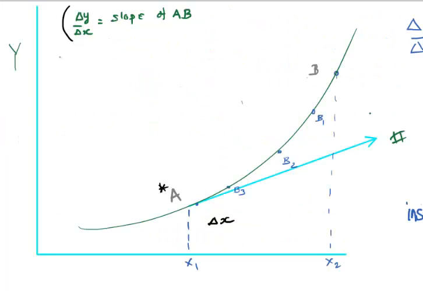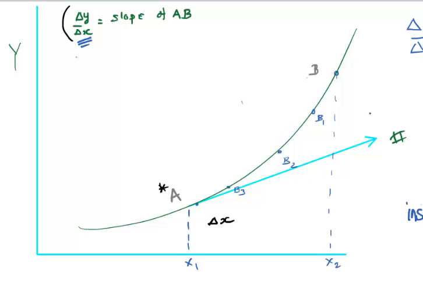Under the condition that delta x goes very small, that means point B comes very close to point A, this average rate of change is equal to the instantaneous rate of change at A.